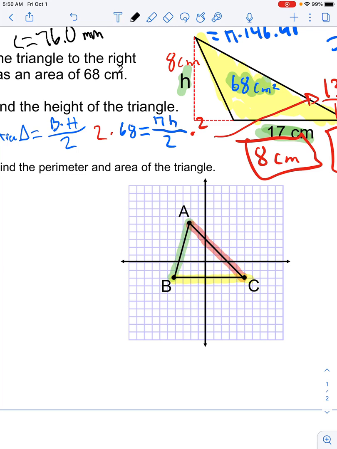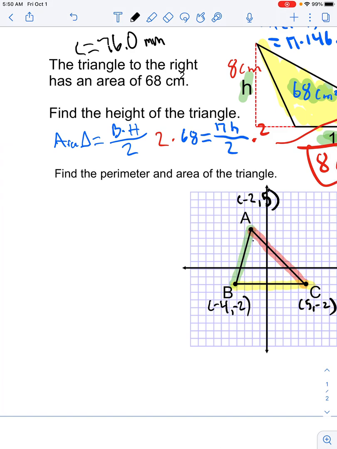Point A is at -2, 5. Point B is at -4, -2. And then point C is at 5, -2.